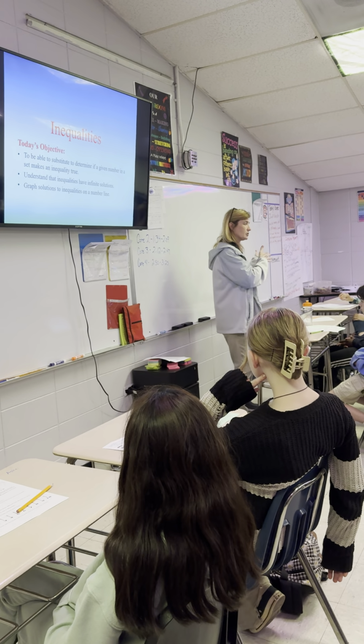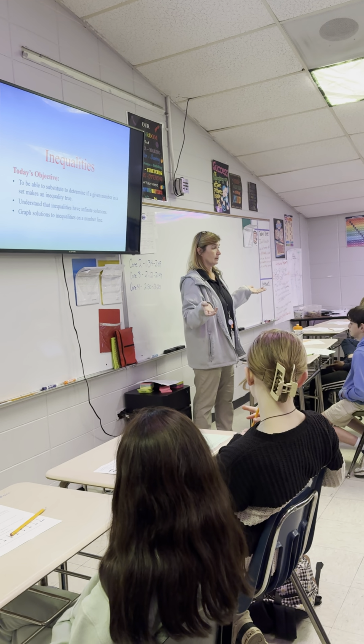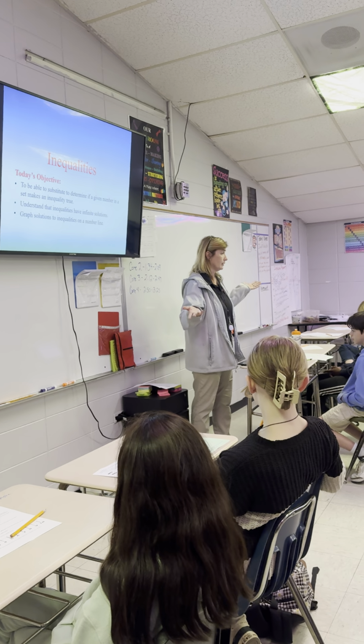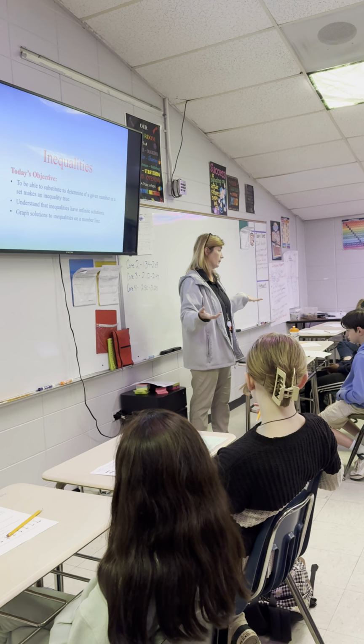Because the answers to x is less than 5 can go on forever and ever, because there is no end to the number of possible answers. So we need to understand it could go on for millions of numbers.